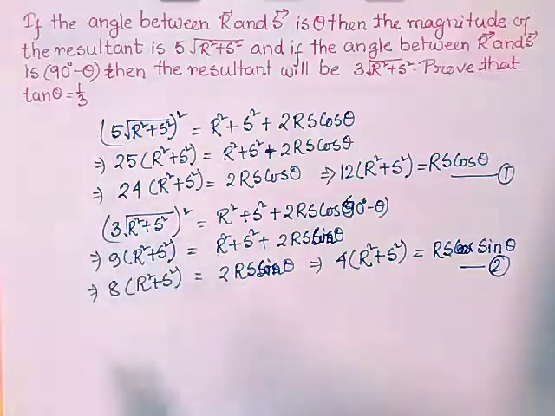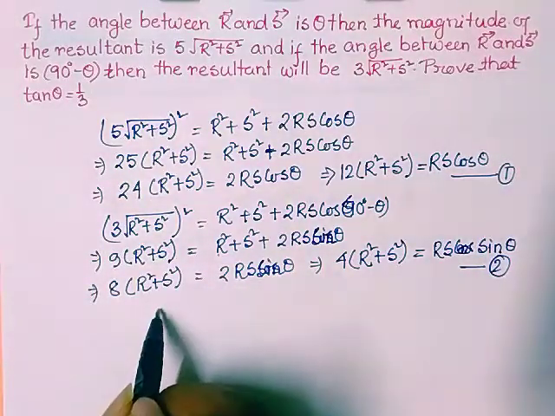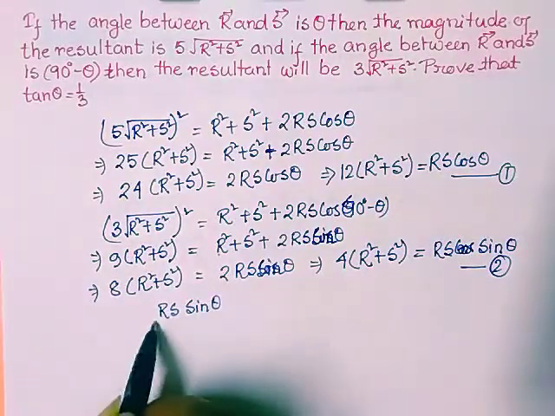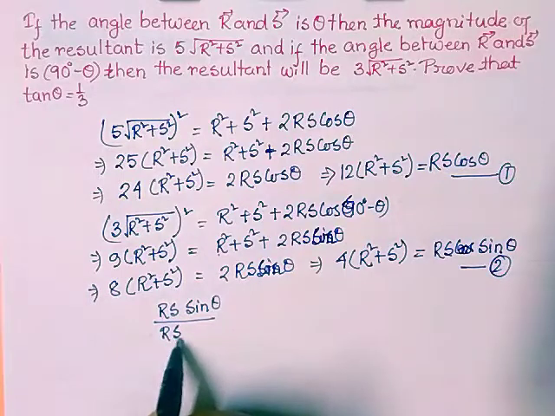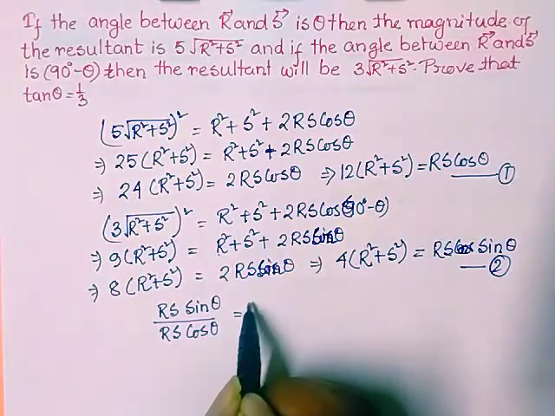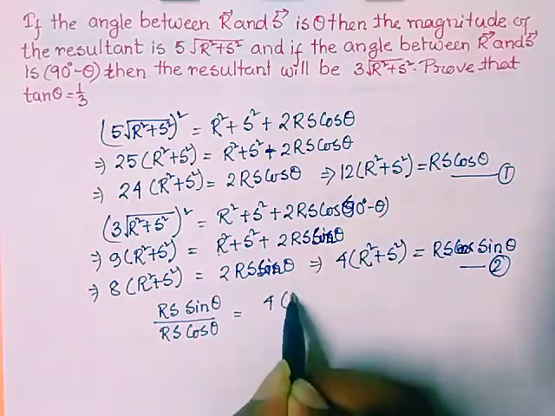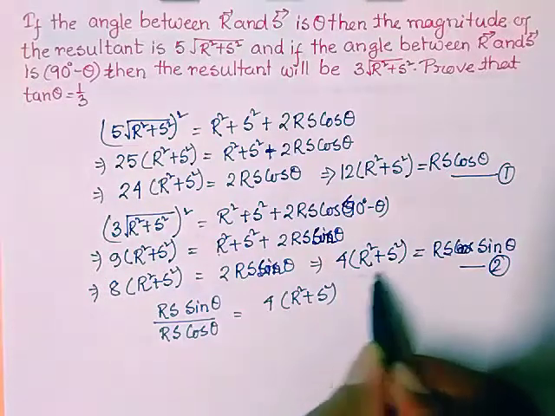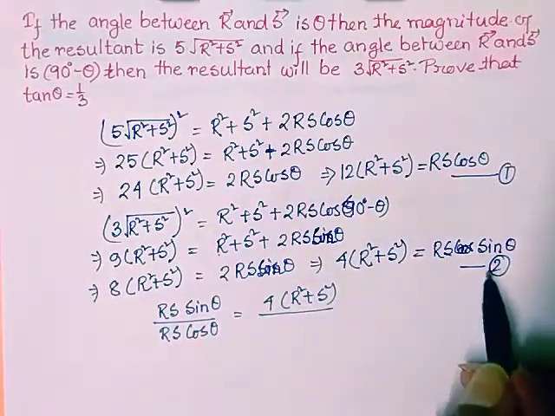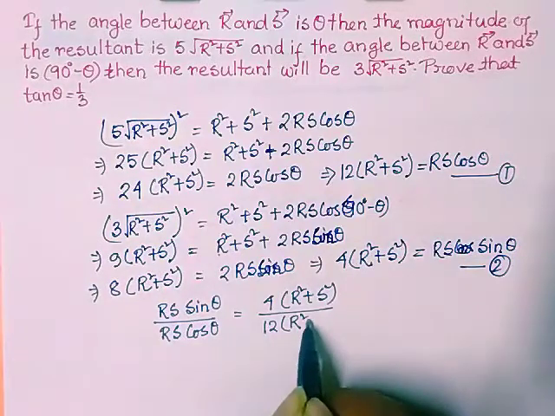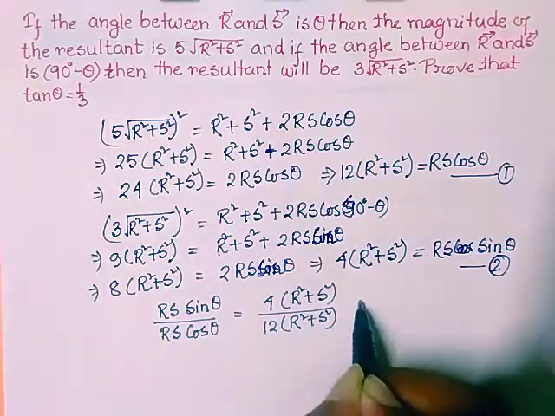So we have to prove the tan theta. So if I take the ratio of these two relations, RS sin theta divided by RS cos theta equal to 4 R square plus S square, the left hand side of this equation, divided by 12 R square plus S square.